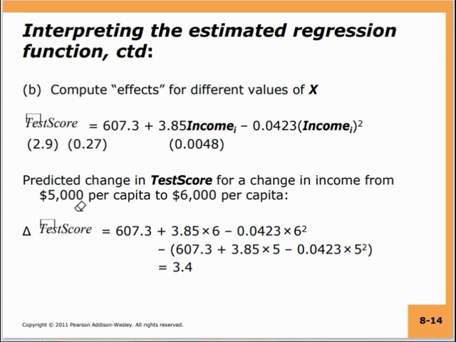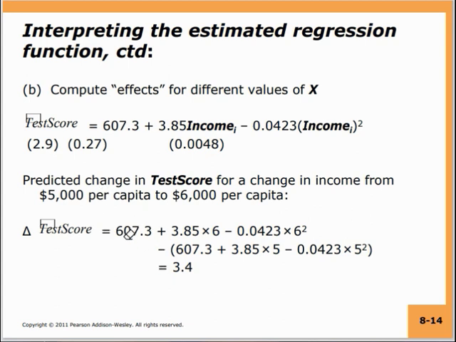So what happens if the district income changes from $5,000 per capita to $6,000 per capita? Basically you are comparing one district which has an income of $5,000 per capita to another district which has an income of $6,000 per capita, and you are trying to look at the changes in test scores between these two districts.